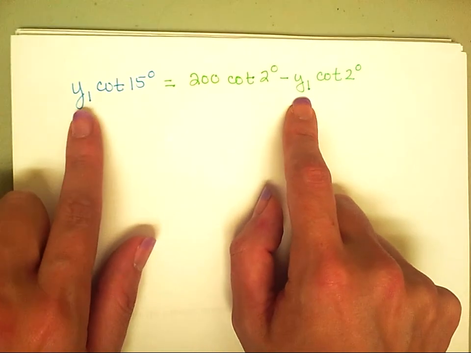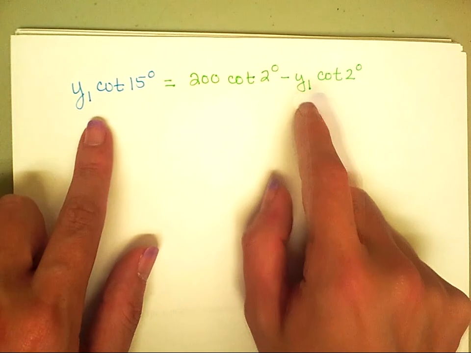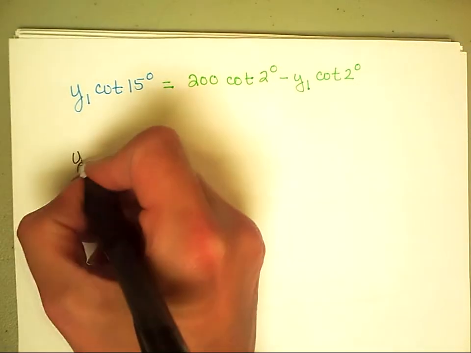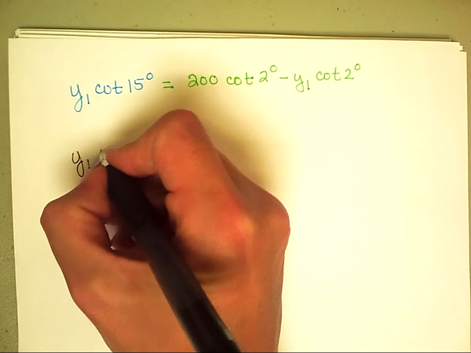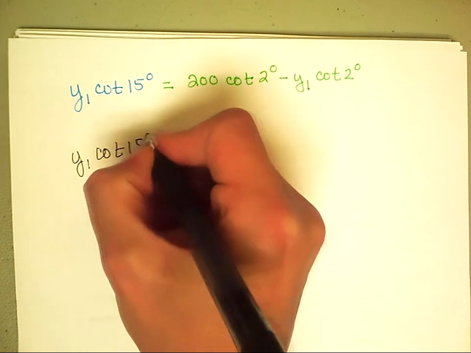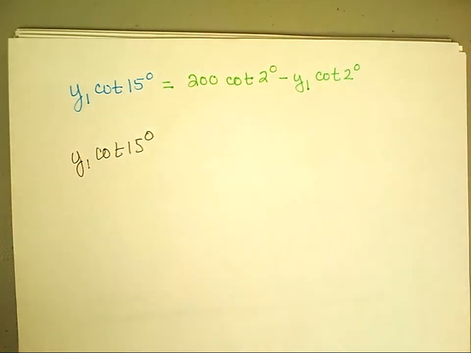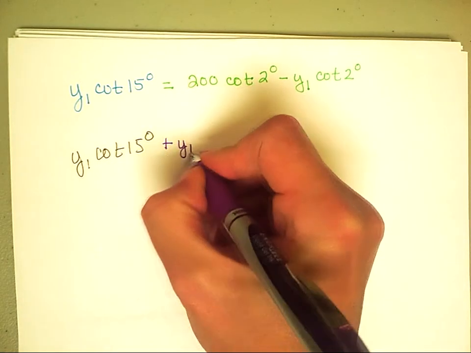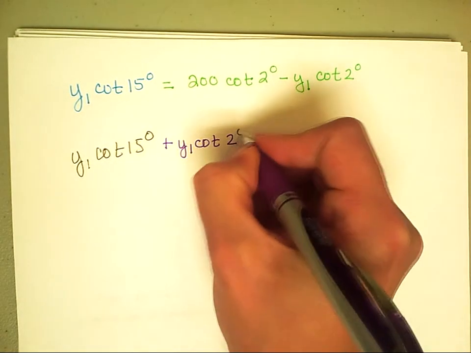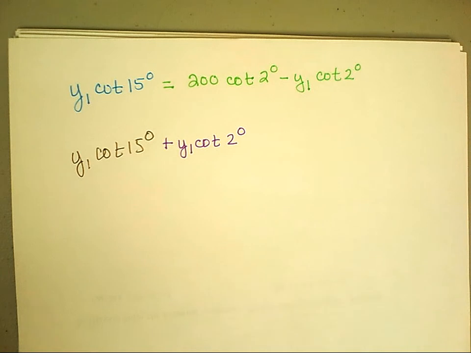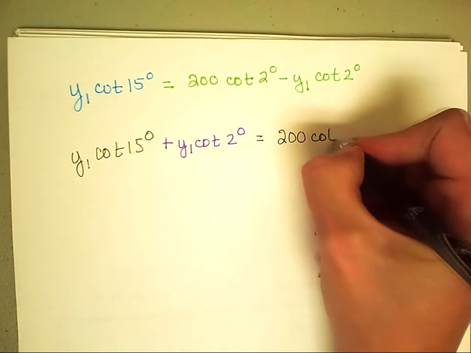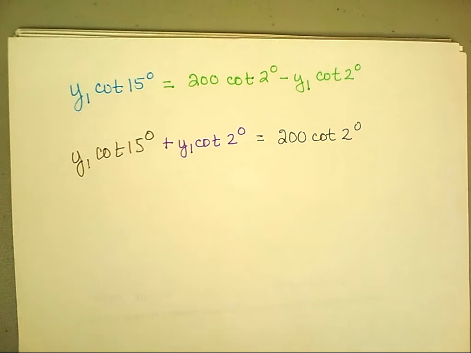Now, this variable is on both sides of the equation. Okay, so we're going to do what we did when we solved for rationals. Make sure that both the variables are on one side. So in this case, I have to move this term over. So I'm going to add y1 cotangent of 2 degrees to both sides.